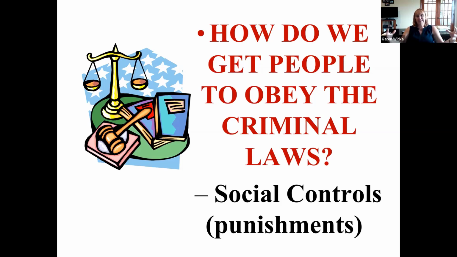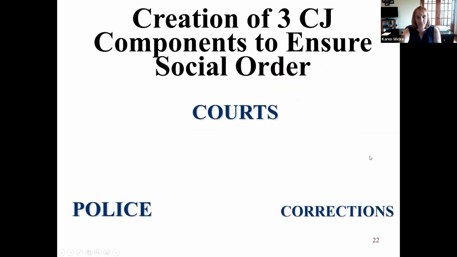So for a society to get them to obey the laws and not commit crimes, the government uses social controls. Social controls are punishment. So if you don't do what we tell you to do, we are going to punish you. So we use punishments as forms of social control within the criminal justice system.